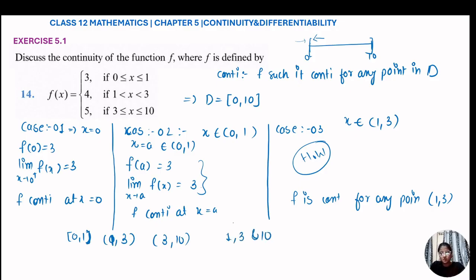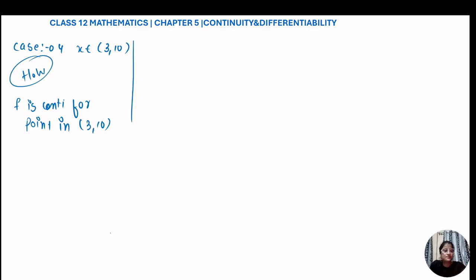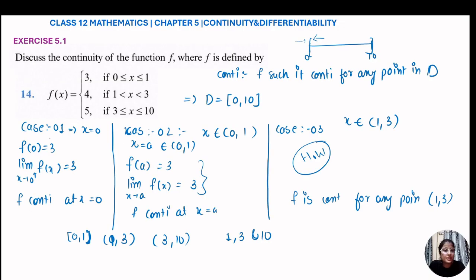Let's move to check these as in our other cases. Case 5, when my x is exactly 1. As you can see, your function here is defined as 3. I think it's very easy to find that your left hand limit for x equals 1 is 3 and your right hand limit is 4.